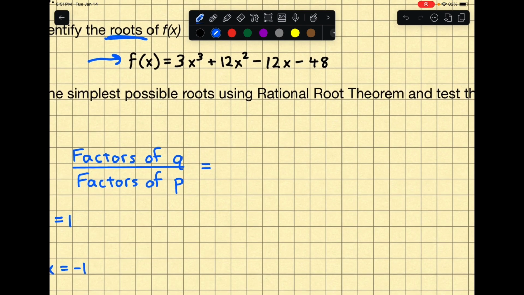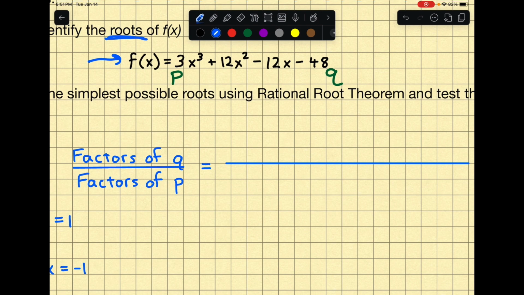And remember from part 1 of lesson 26, that involves listing the factors of q, which would be the constant term, over the factors of p, which is the leading coefficient. The constant term is negative 48, so that's going to have a whole bunch of factors.